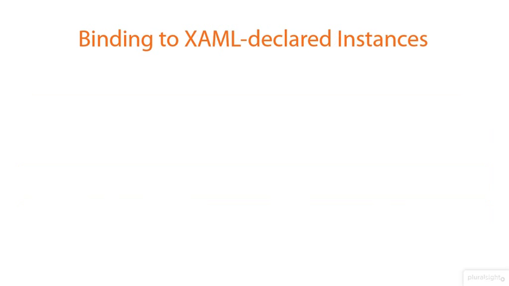So remember that we were still missing number 1 here. We need a source for the binding. I've waited the longest with this one, since it's probably the most important one, since there are several ways to add a source for the binding. Let's first see how we can bind to objects declared in XAML itself.